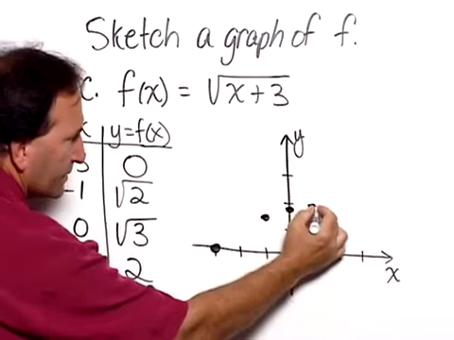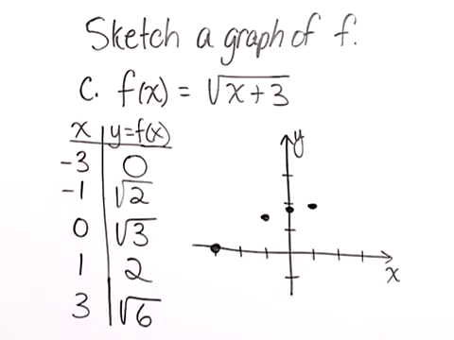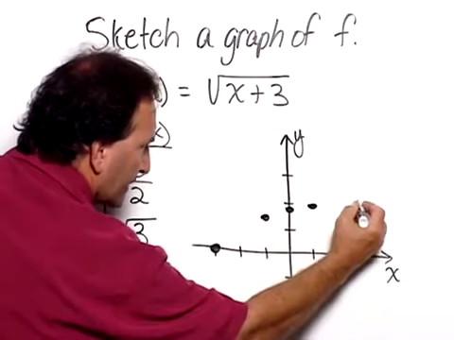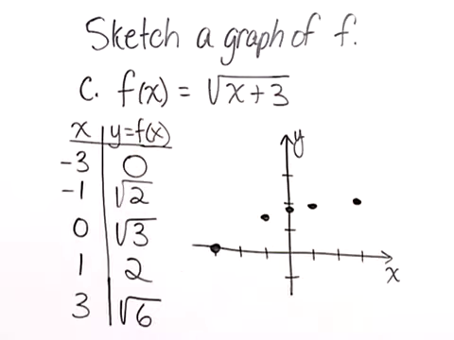So you can begin to see that the shape of this is the square root function, and we have just one more point, 3, and then the square root of 6. Now the square root of 6 is, of course, between 2 and 3. So it would be approximately there, closer to 2 than it is to 3.